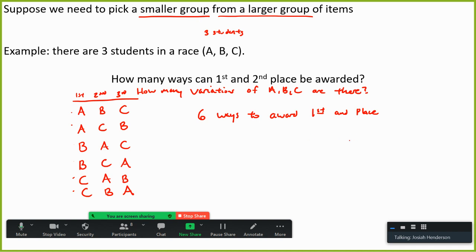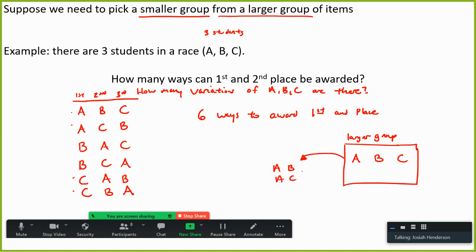And just for another visual, imagine our larger group, the total number of people racing, and it's a small number, but this is our larger group. The total is these 3 entries, these 3 people, A, B, and C, but we're pulling from that smaller groups of 2, A, B, A, C, where this is like first and second.